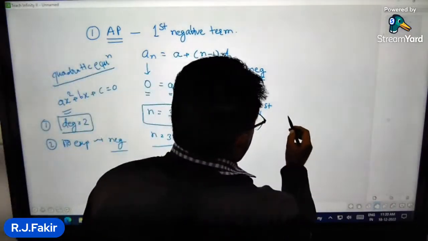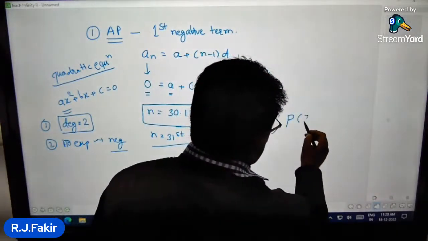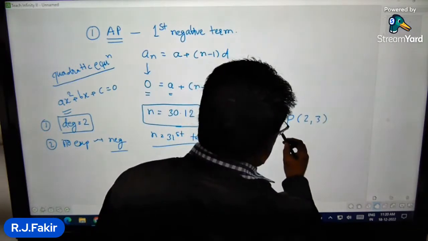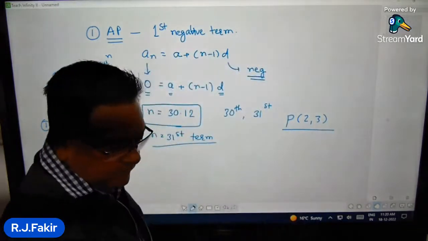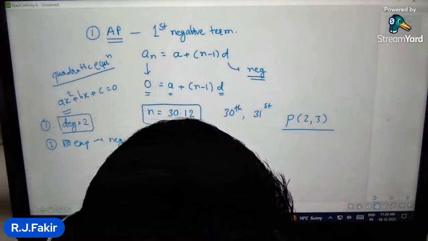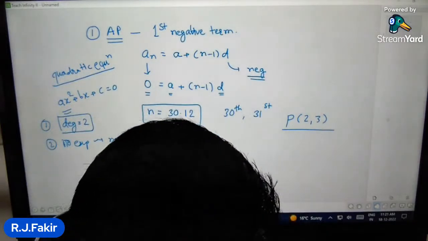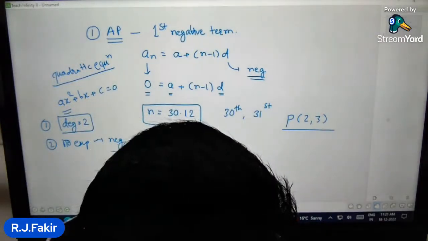So let us say a point P(2, 3) is given, and they have asked a question: what is its distance from the x-axis?